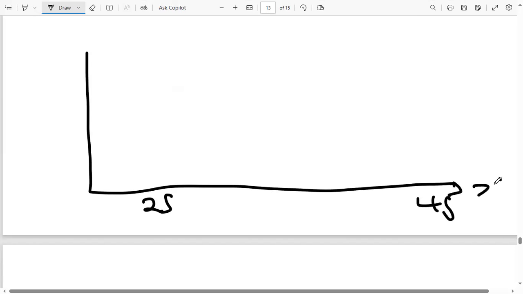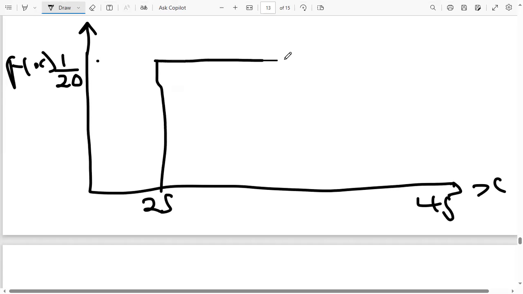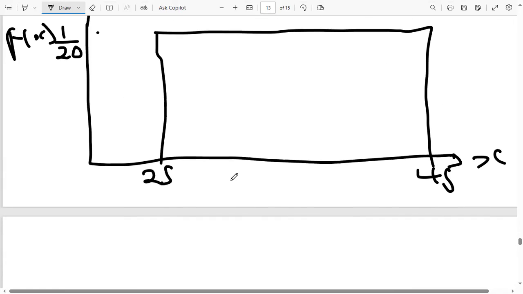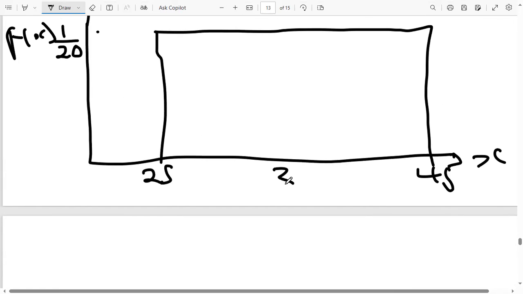So this is our x, and here we have our f of x, which is our probabilities. We had 1 over 20 somewhere, and we said this whole area was being represented by this. But now we are finding the probability that x is less than or equal to 35, so 35 can be somewhere in between these two numbers. So the area that we are going to shade will be from 25 to 35 under the PDF curve.